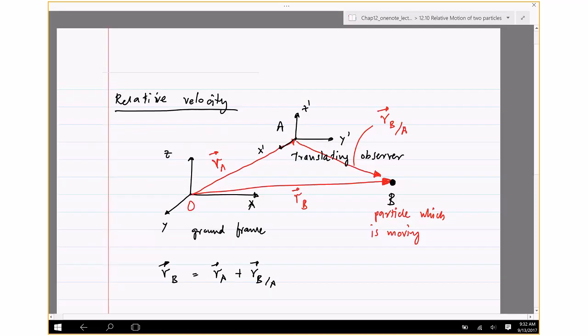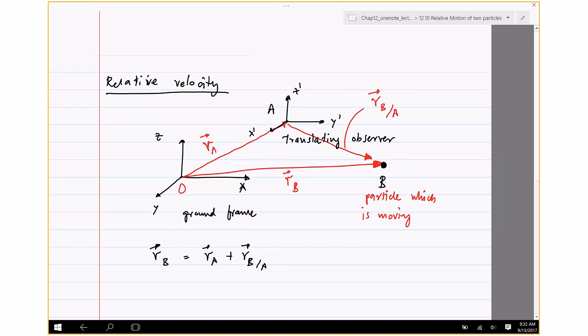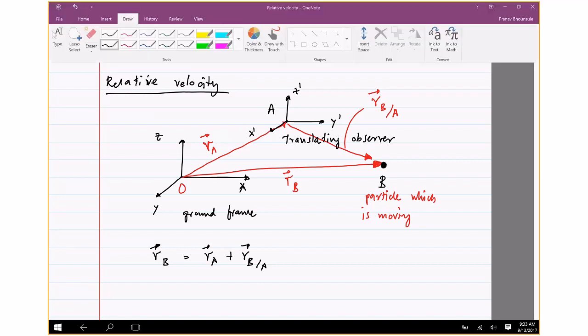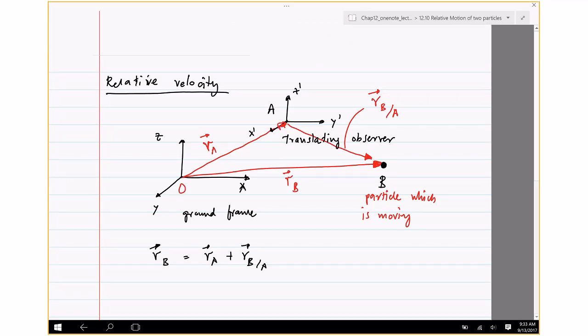If you have a closed triangle, then the vector from 0 to B, pointing that way, is the sum of the two sides, provided the arrows are as shown. I forgot to draw this arrow. I should draw this properly. This should be an arrow this way.